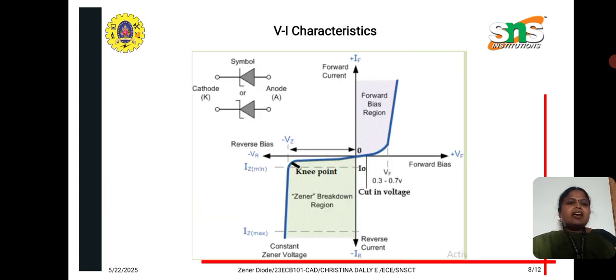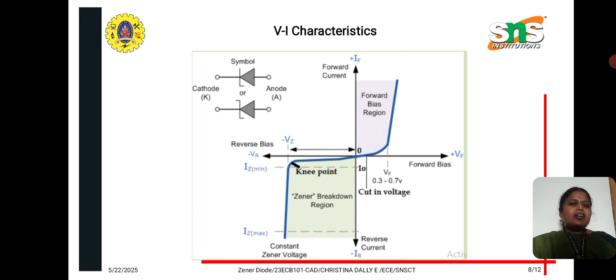So this is the VI characteristics. Here we have mentioned the forward bias and the reverse bias, and we have drawn the VI characteristics for both the forward bias region as well as the reverse bias region. If we increase the voltage, at a particular point the current increases, and that is the forward bias.